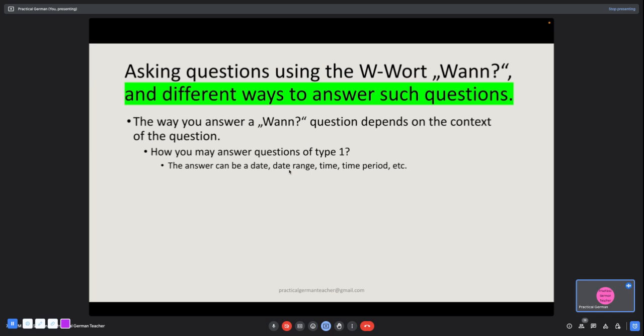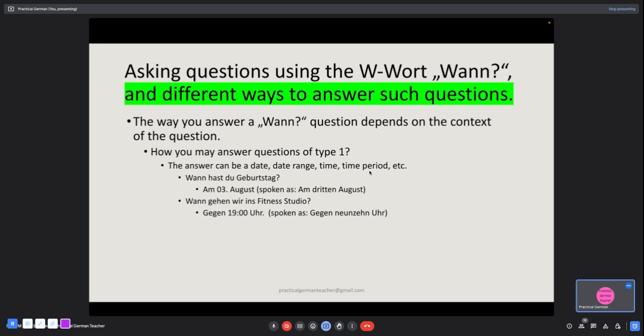Date range like von, blah, blah, bis, blah, blah. Time, last week we learned how to say time. For example, wann haben wir Meeting? Date, we learned, right? Time period also we learned. So wann hast du Geburtstag? Please read this for me. How do I say this?